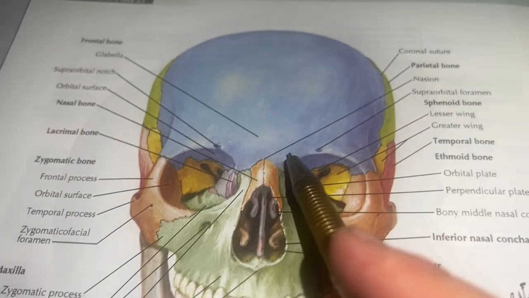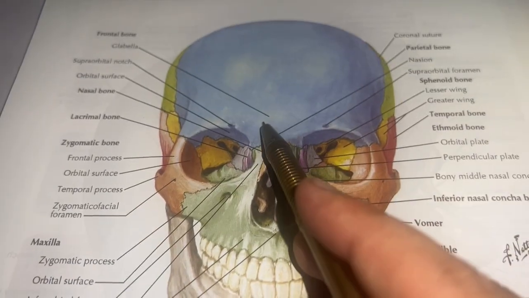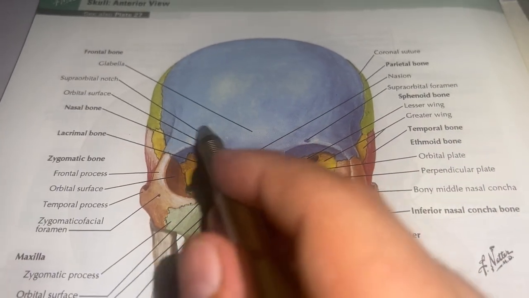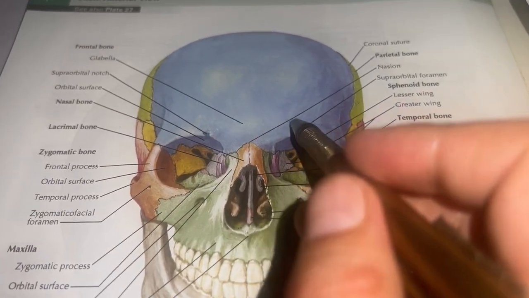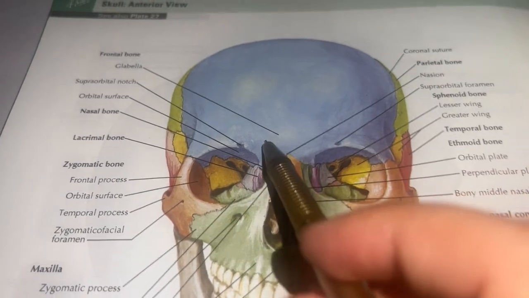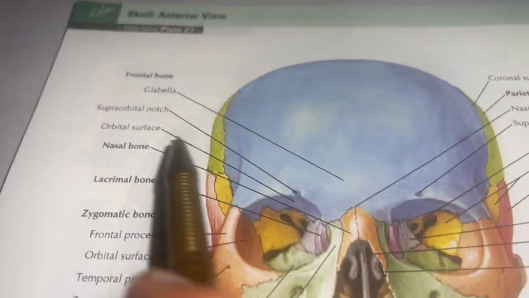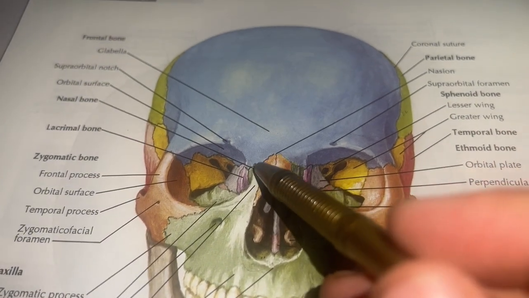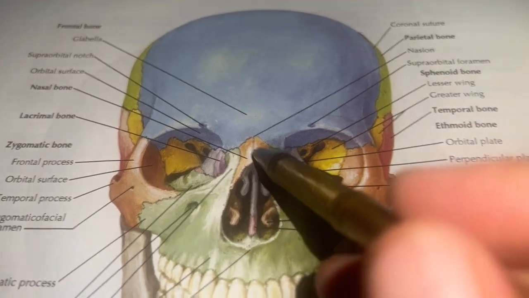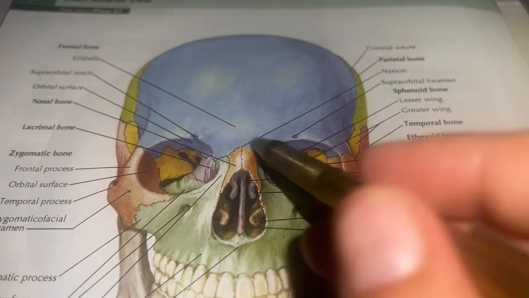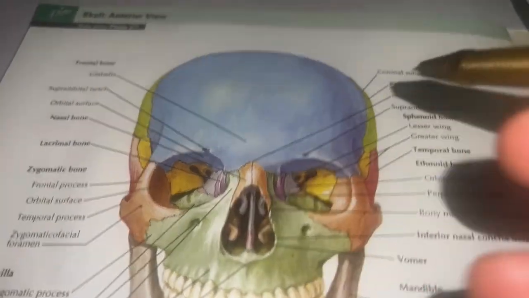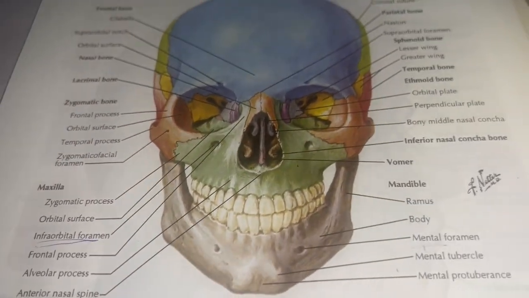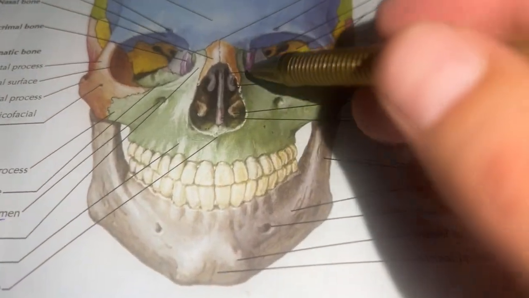Now you can see this prominence or elevation in between the supraciliary arches. These are the supraciliary arches, and in between the two supraciliary arches is this elevation, which is called the glabella. This is the frontonasal suture, and the depression at the frontonasal suture is called the nasion.